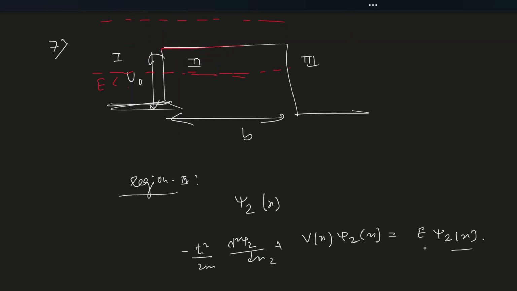Now E is the energy of the particle which can be either greater than or less than U naught, and V(x) for this case is defined as U naught of the potential barrier within this region, because here V is constant, not a function of x, and this constant is U naught. So this is d2 psi by dx2, and then you take the whole thing above. So this is minus 2m by h-bar squared U naught psi 2.